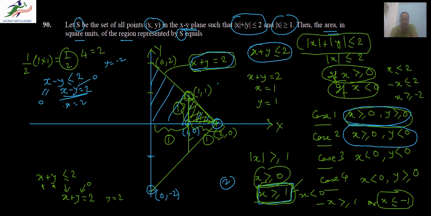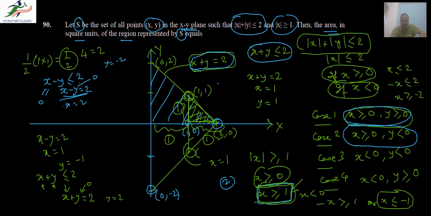So this is my line x equal to 1, which meets the line x minus y equal to 2 at this point. So I solve for that. So x minus y equal to 2 and x is equal to 1. That means y is equal to minus 1.